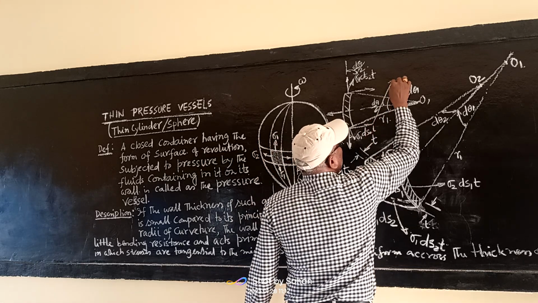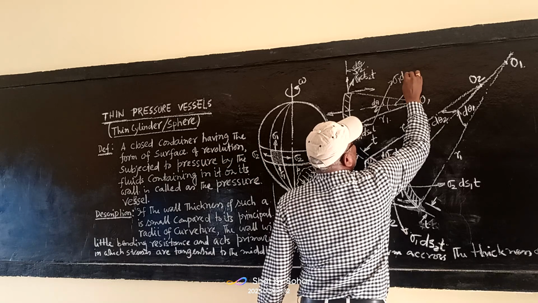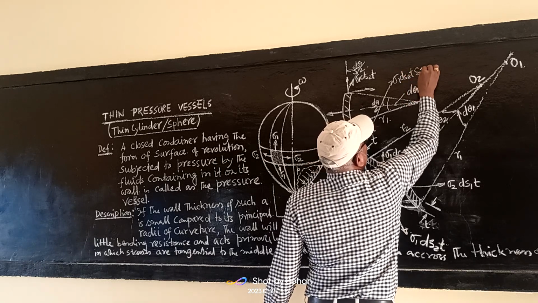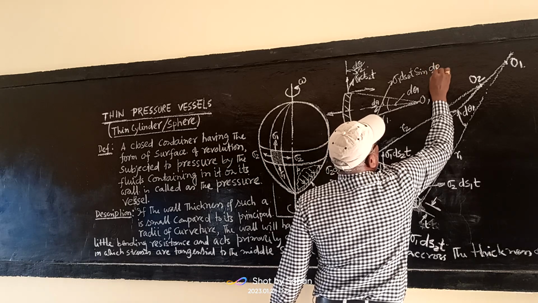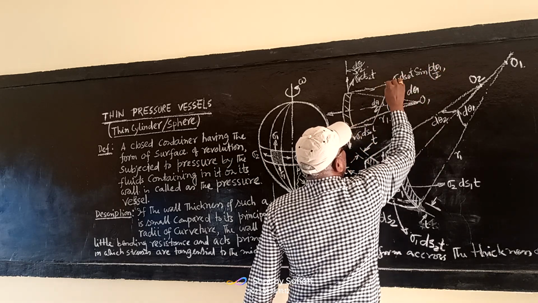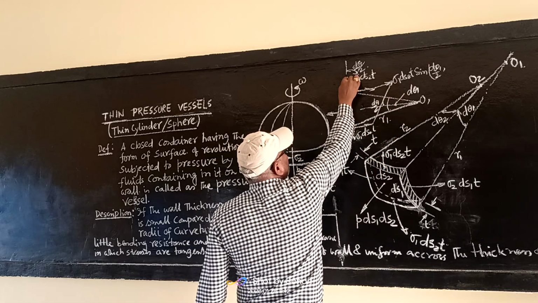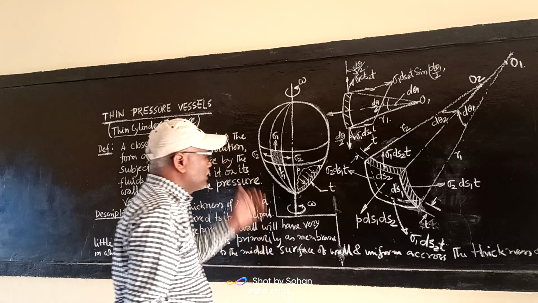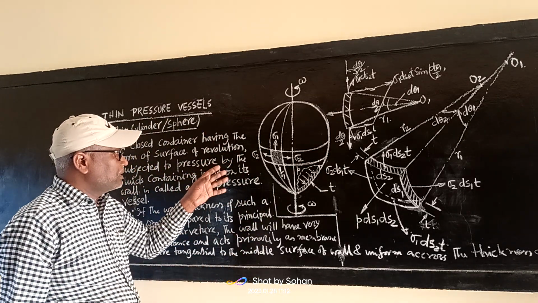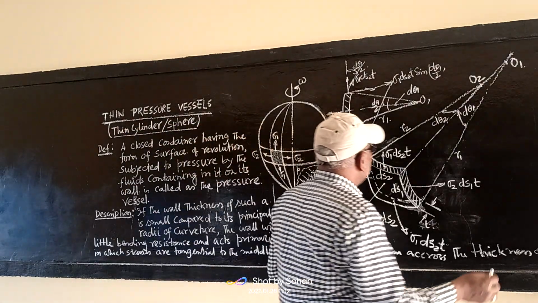This sin component will be sigma 1 ds2 t sin d theta 1 by 2, and this will also have the same value, and the cos components of this side and this side will balance each other. Similarly, if we take the circumferential side of this element, that will result in the same phenomenon.